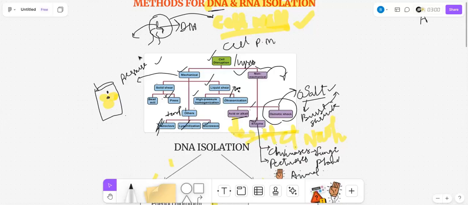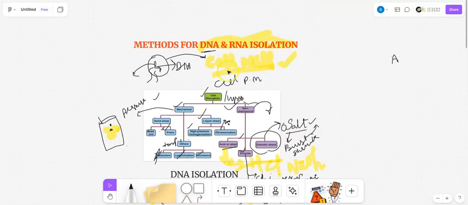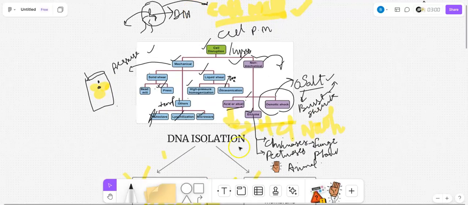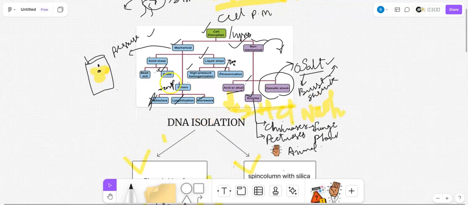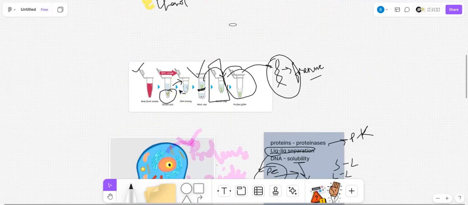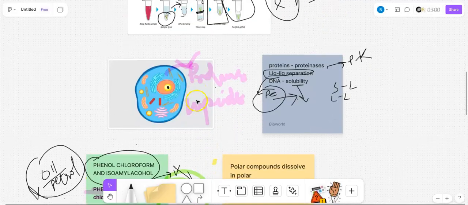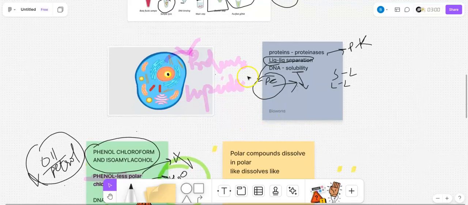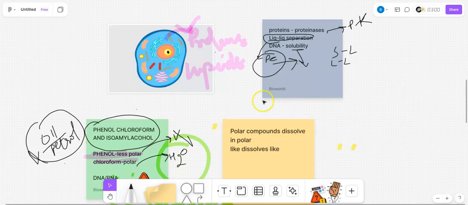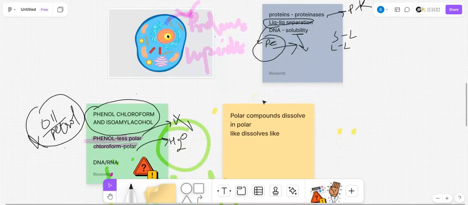First నుంచి ఒకసారి రివైజ్ చేస్తే DNA isolation కి first cell destruction or cell lysis చేస్తాం. These are the different techniques that can be used for cell lysis. And then phenol chloroform method ని use చేస్తే here proteinases and lipases will be used. Proteinase like proteinase K will be used to degrade the proteins.